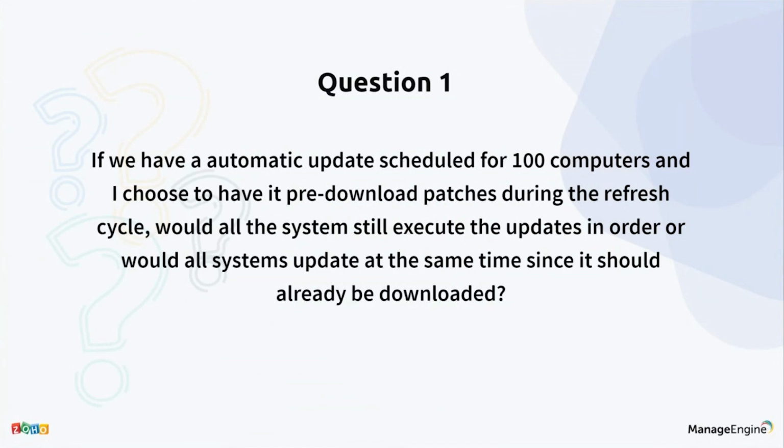So the concept is, if we have enabled the agent to pre-download the updates, it is downloading all the required patches that are present in the configuration, and it is stored locally on the client machine. Now, once the deployment window starts, all the machines will just start to focus on the deployment. Thereby, we are reducing the time taken for the download. So the main reason to enable this feature is to initiate the deployment immediately during the scheduled deployment window.